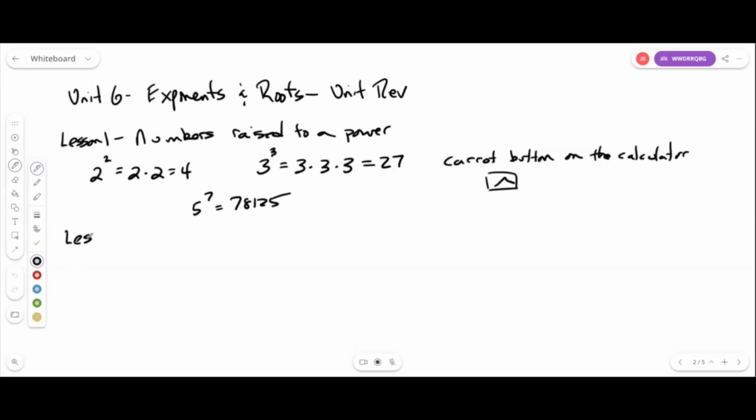Okay, then in lesson 2, we did variables raised to a power. And so we looked at x to the 4th, and we talked about the fact that that meant that x was being multiplied by itself 4 times.